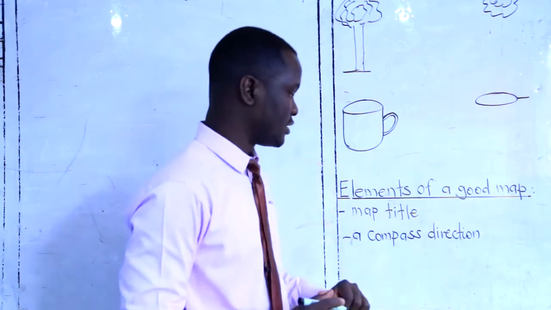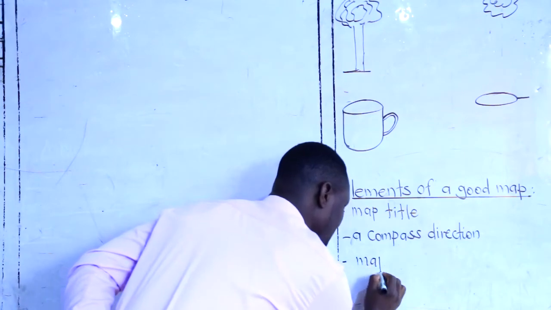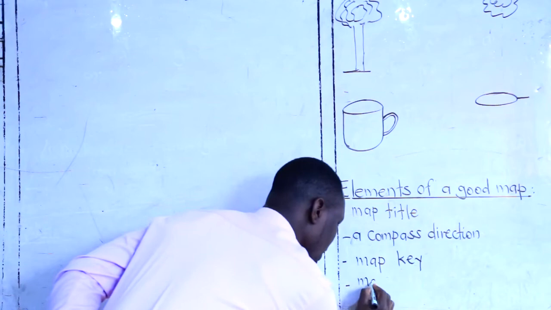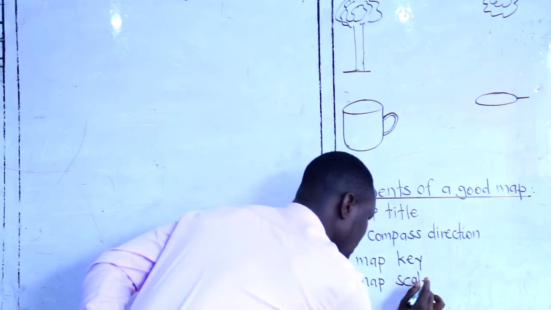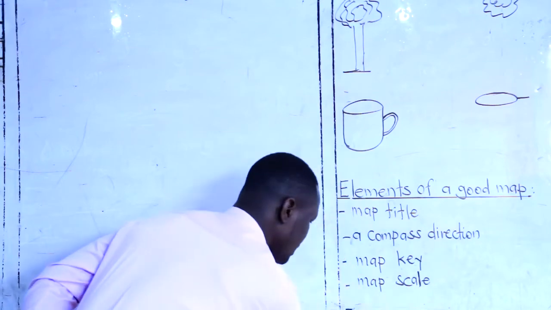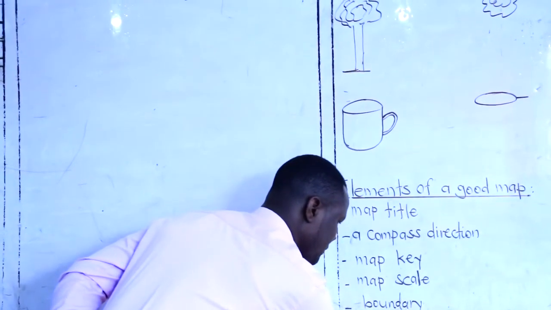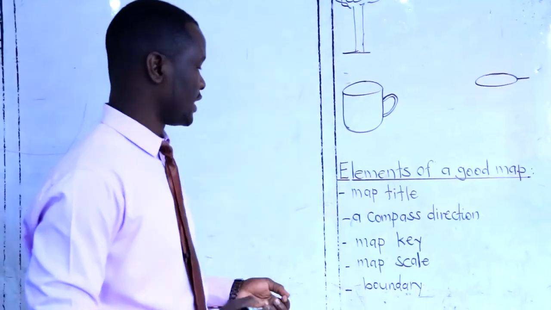That is an element of a map. Then three, we can have a map key. We have the map scale. Then we can have the map boundary. These are the elements that we have of a good map.